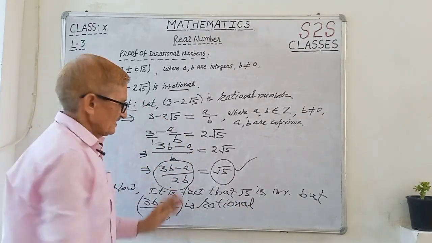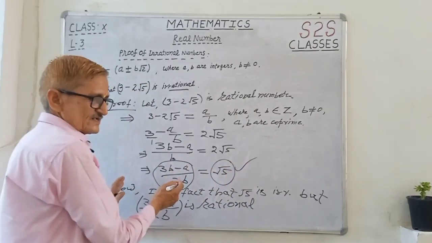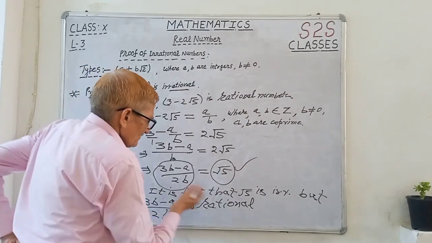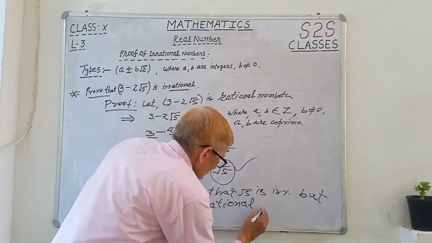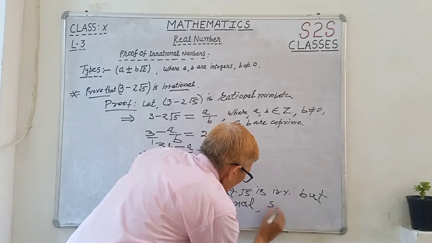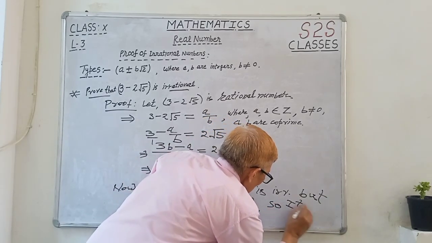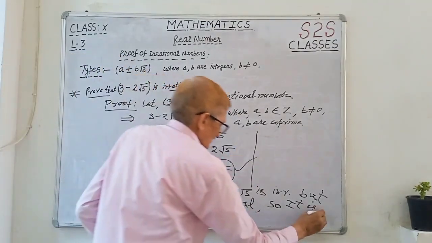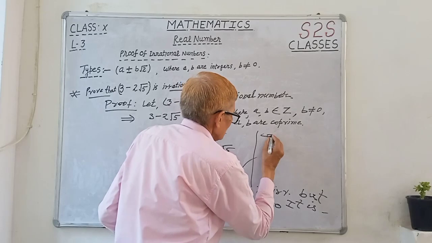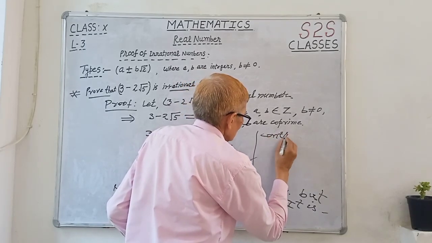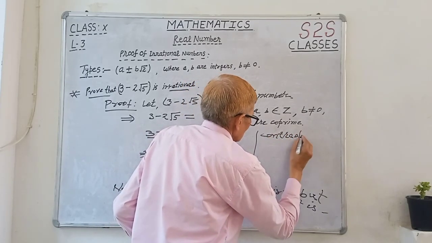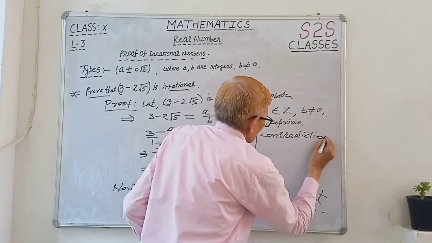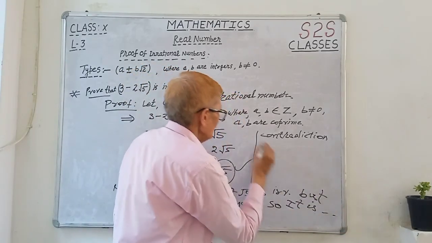So it is a contradiction. One side irrational, one side rational. So how will the values be equal, rational and irrational? Both must be equal because it is an equation. So it is a contradiction.